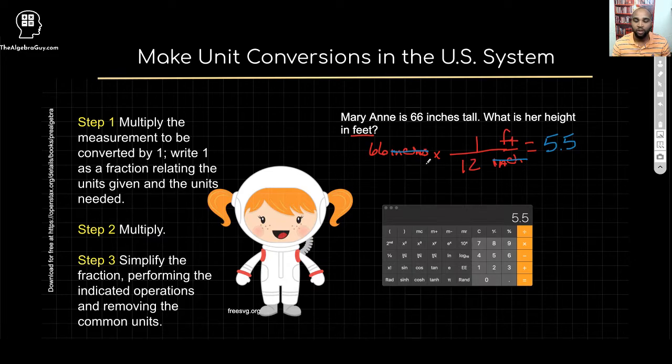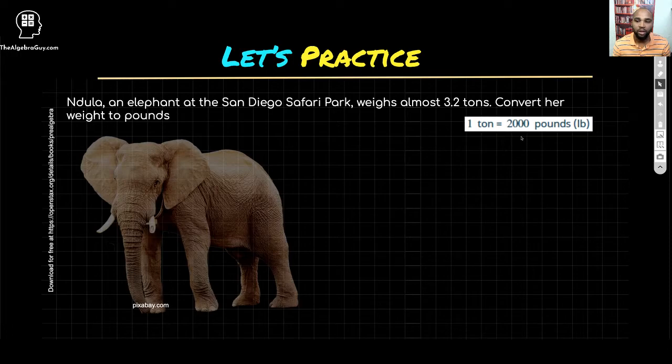Notice they're on top of one another. One's in the numerator, one's in the denominator. When you're multiplying, those cancel out. And 66 divided by 12 gives us 5.5. Now we only have feet left, which is what we were looking for. So she must be 5.5 feet tall. So you're going to see that same setup where we multiply piece at a time to get what we need.